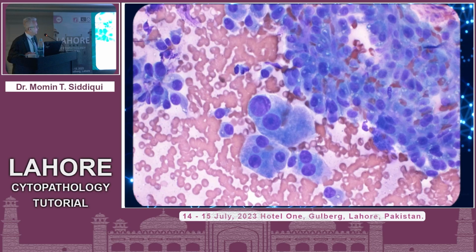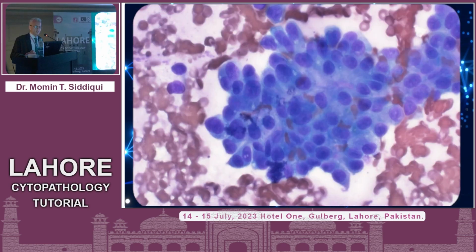Look at the variation here. This is a distinct group, giving you an impression that some of these are more rounded, smaller. These are larger cells with more prominent nuclei and nucleoli. Again, it kind of looks like an adenocarcinoma, don't you think? Here's another view.